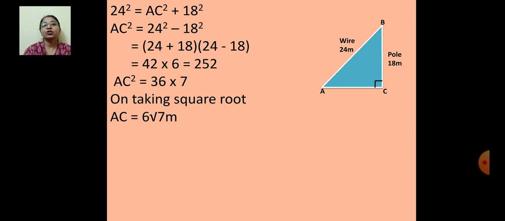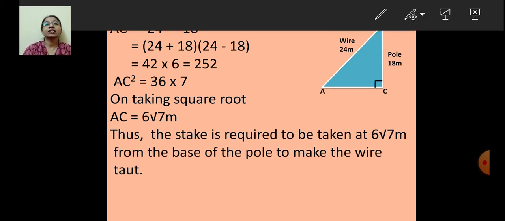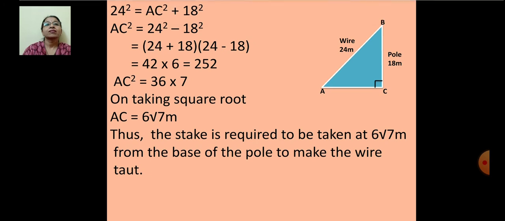So 24 square is equal to AC square plus 18 square. Now shift that 18 square to the other side as we want AC length. So you will get AC square is equal to 24 square minus 18 square.